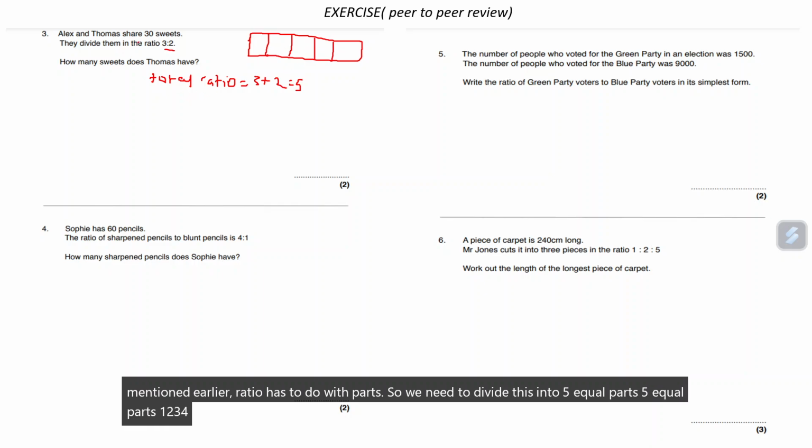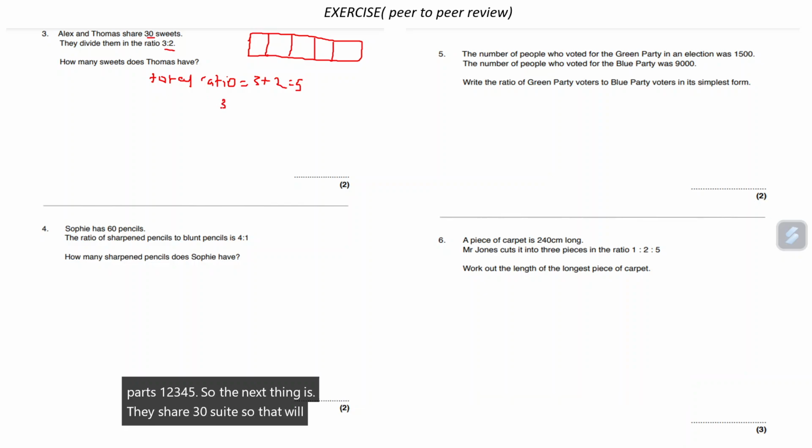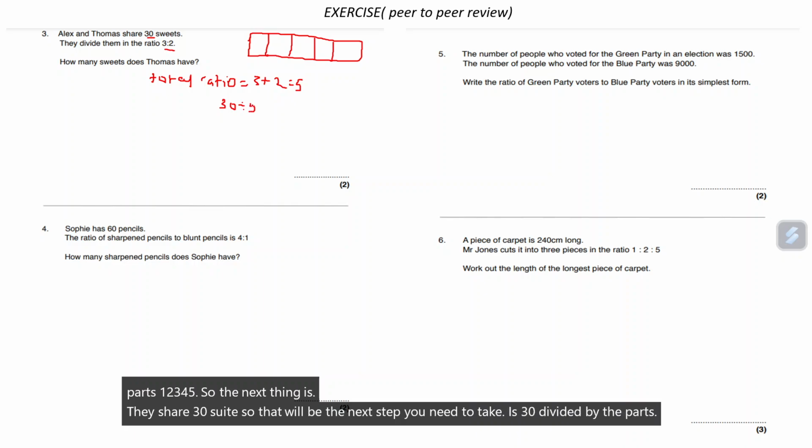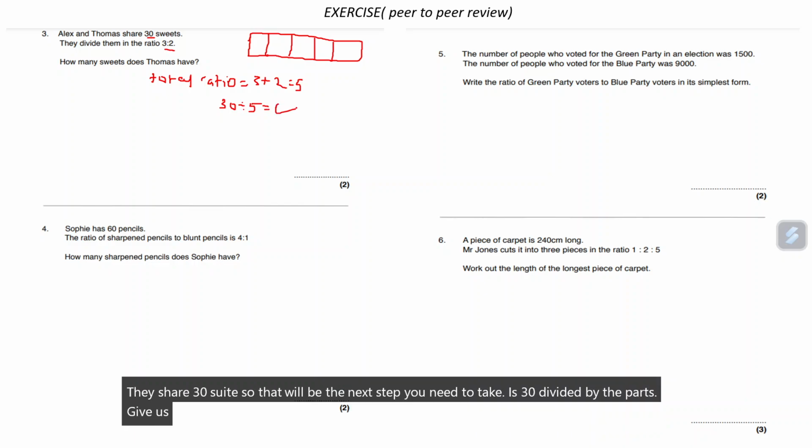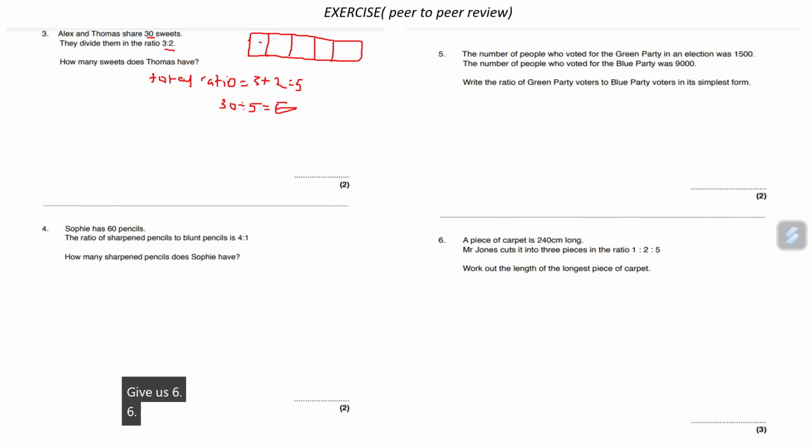So the next thing is they share 30 sweets. The next step you need to take is 30 divided by the parts, that's 5. It gives us 6. So each of the boxes takes 6. 6, 6, 6, and 6.